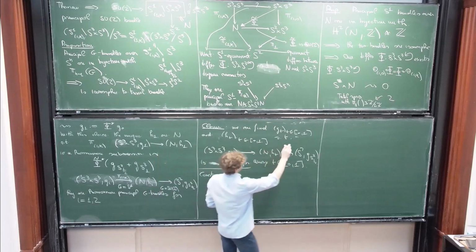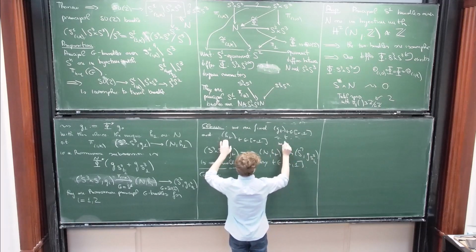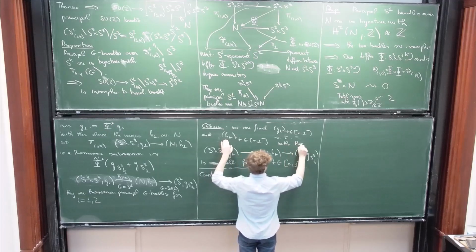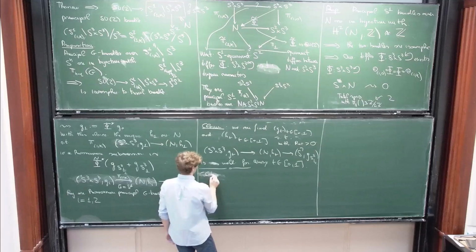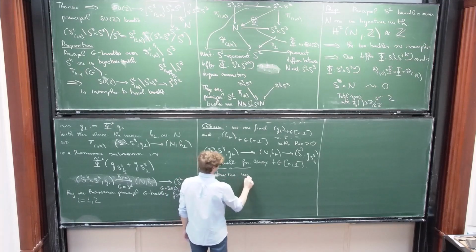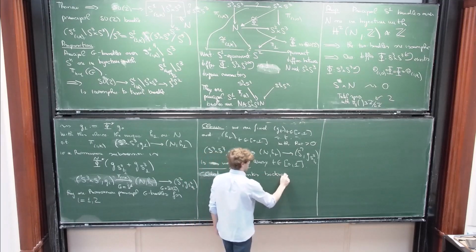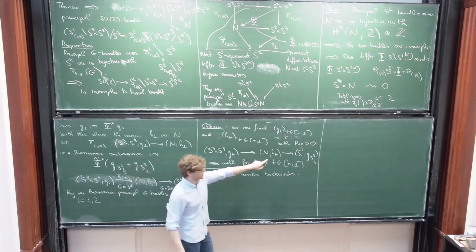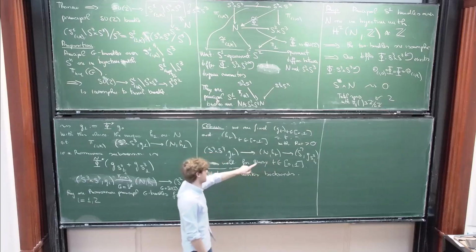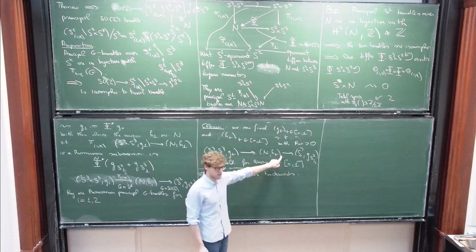And I would like them to have both positive Ricci curvature. First I would like to construct the metric H of t, and then construct the metric G of t using H of t.